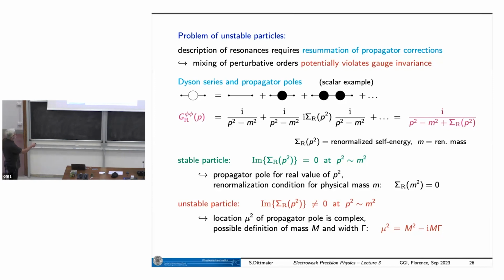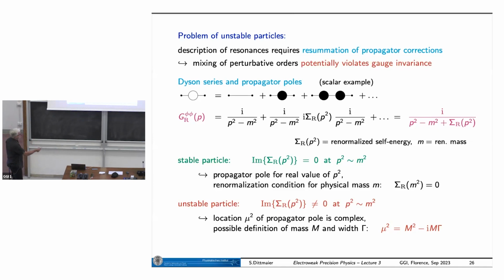So for stable particles, the imaginary part near the pole is 0. For unstable particles, the imaginary part is not 0. In fact, you can show that the sign of the imaginary part here is positive. This basically comes from causality, which means, in essence, if you just look into the vicinity of the pole, you effectively have something that looks like a mass squared. And if I take the minus sign in there, or I extract it from here, you have a mass squared minus a small imaginary part, because the width typically for a reasonable particle is smaller than its mass.